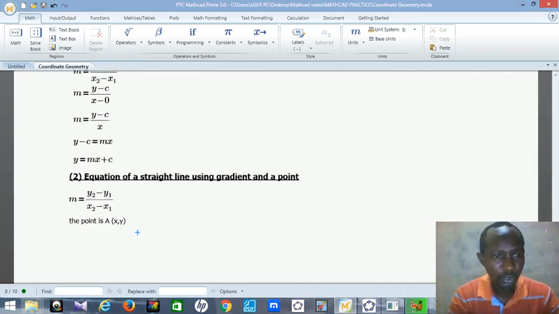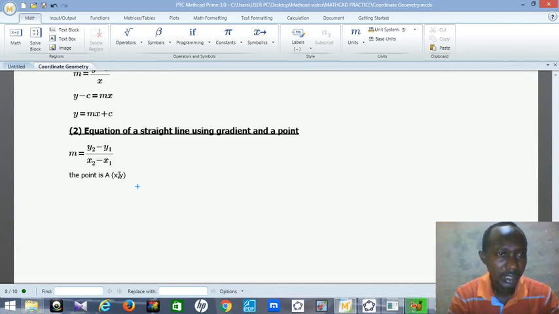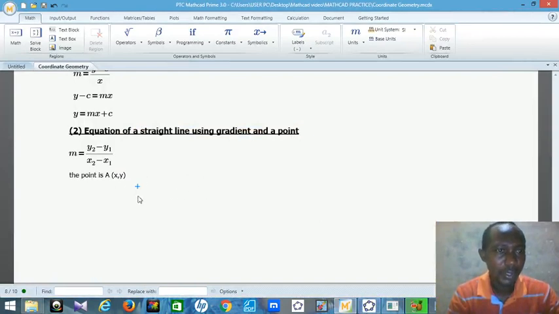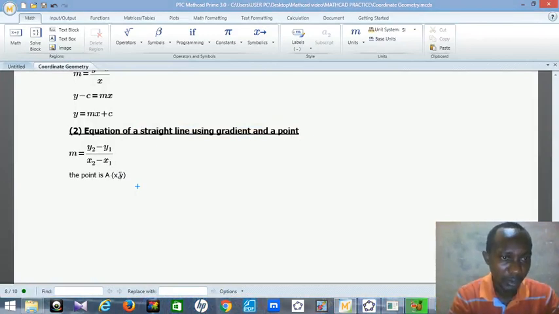What we need to do in this case is, the second coordinate is x comma y. So the first point will now be the point given, which is x1 and y1. Let me put it in a statement so that you understand what I'm saying.